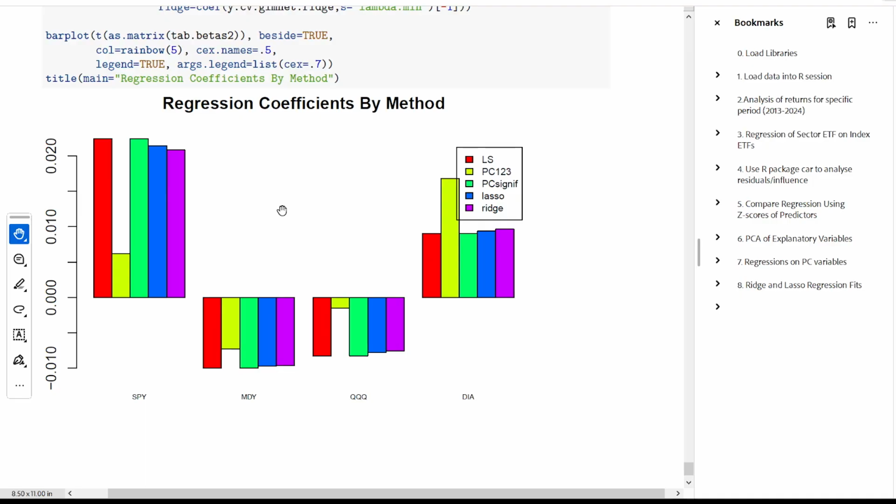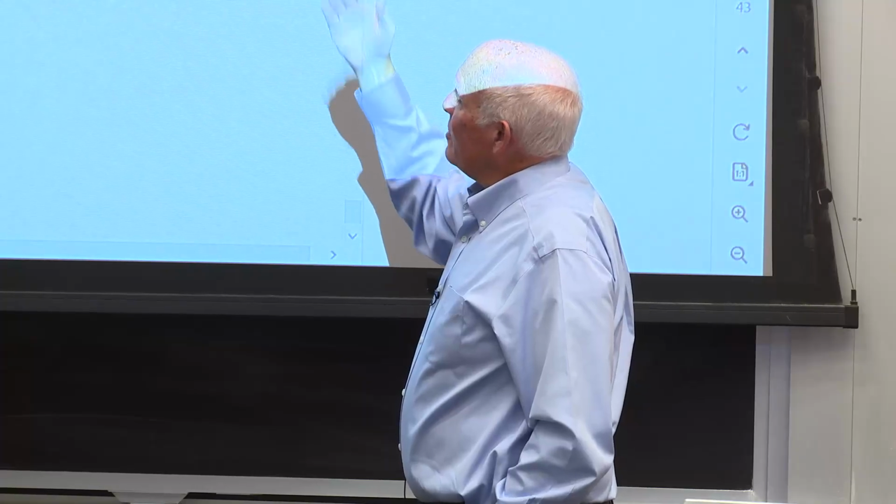One can see that most of the methods give similar results, but using just the first three principal component variables gives very different estimates of regression parameters. So there's sensitivity of the estimators to the data, and it's useful to consider these alternatives.